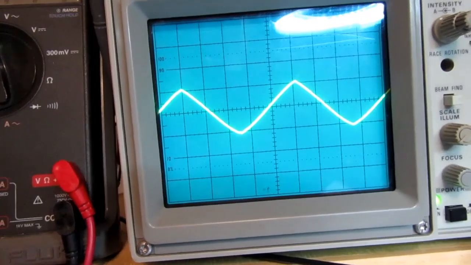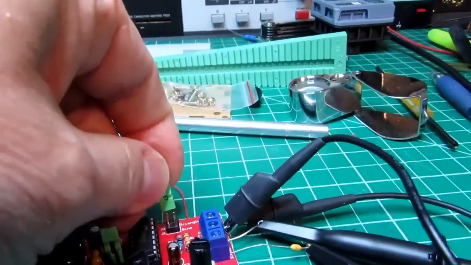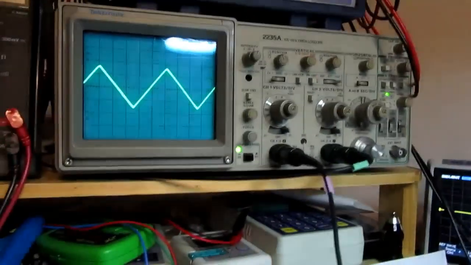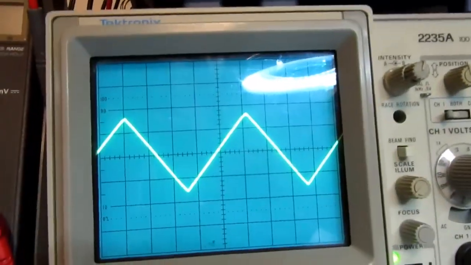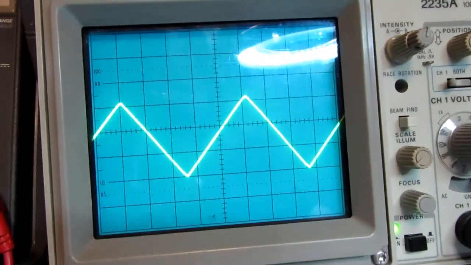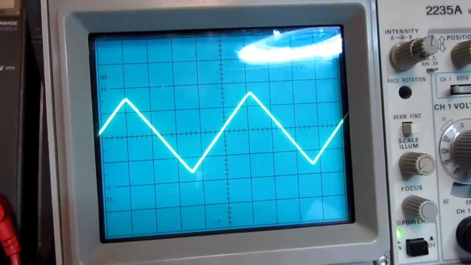This might not be intended to be used with the sine wave output. So let me try moving the jumper here to the triangle wave position and see what this pot does now. Well, nothing good, that's for sure.